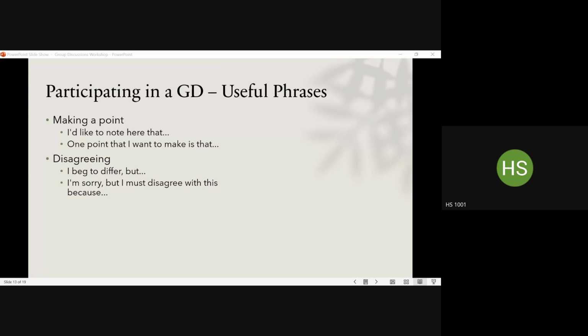Right. When you want to respectfully disagree with somebody, you can say, I beg to differ. You're not pointing out your disagreement in a callous manner. You're not trying to say in a very rude way, I don't agree with you. No, no, no, I don't agree with you. Don't do that. I beg to differ. That is, respectfully, I would like to tell you that I do not agree with you on this particular point.